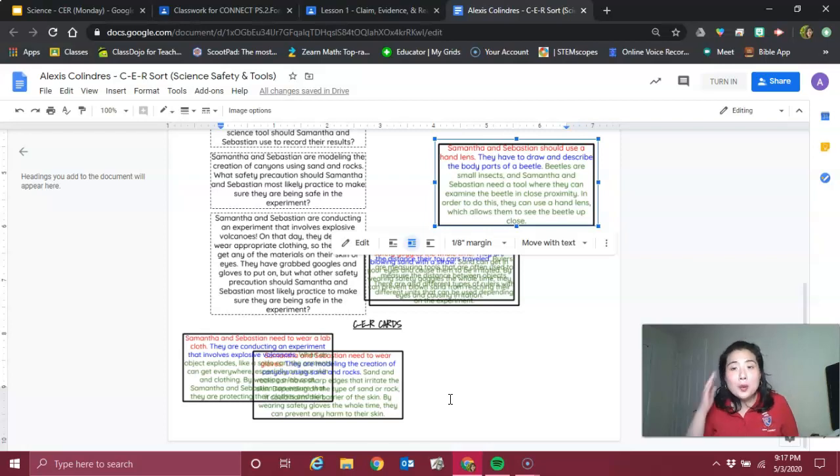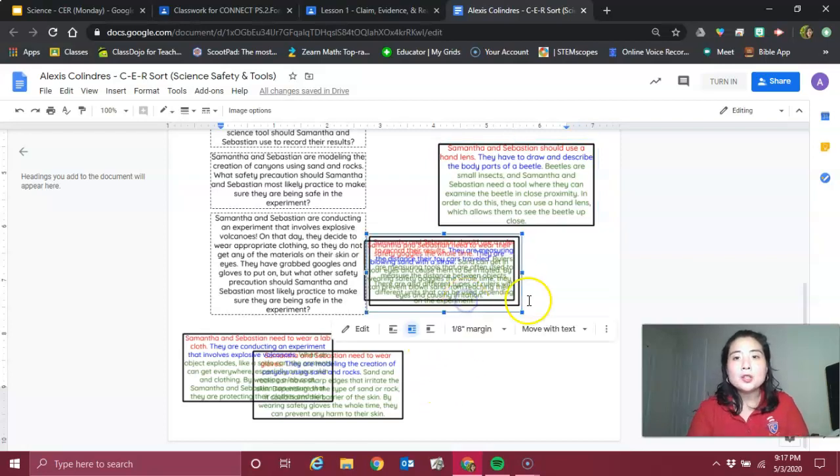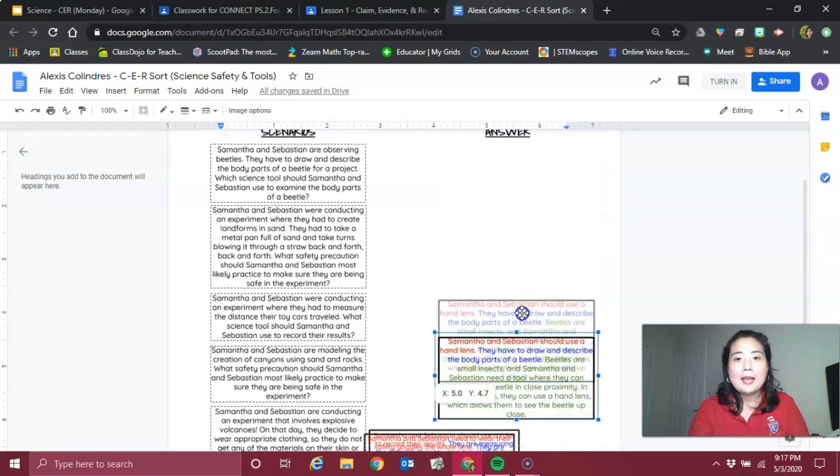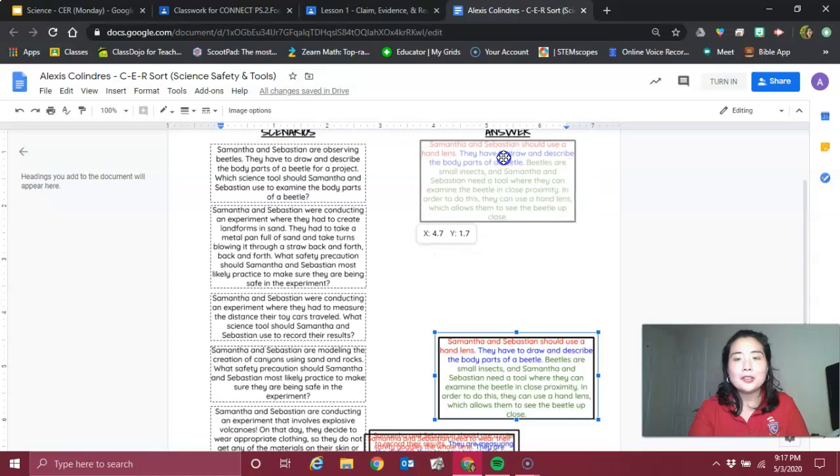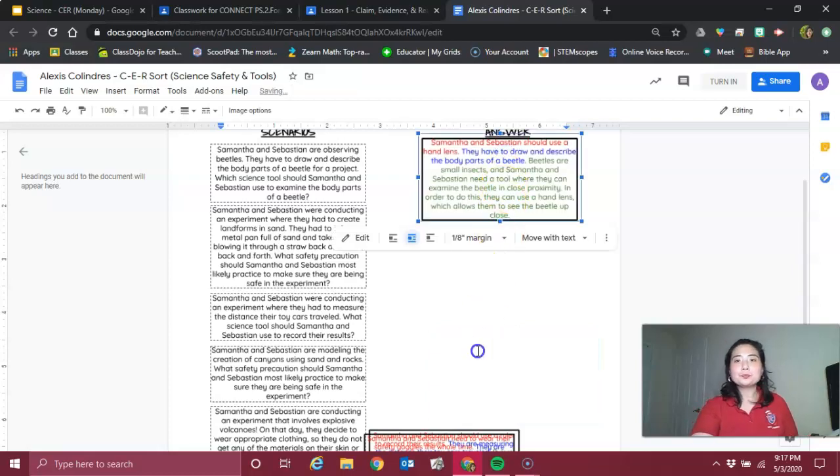Oh, so a hand lens is a tool that helps Samantha and Sebastian see the beetle closely. I believe that this is the card that matches my scenario. So I'm going to go ahead and put that card underneath the answer heading right next to my scenario. And I am done.